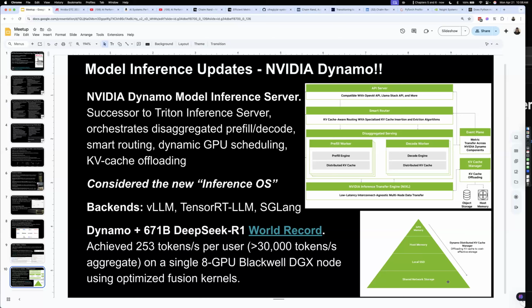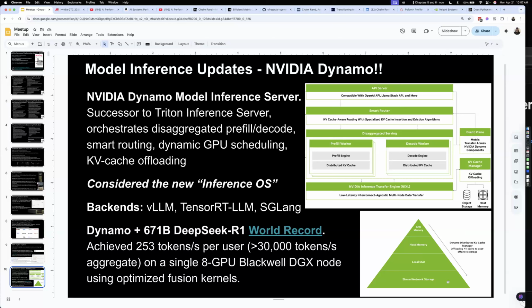The NVIDIA folks made a big deal that they were able to serve the 671 billion parameter DeepSeek R1, the biggest one. This is a reasoning model. They set what they are calling the world record for the most tokens per second. Now, this is in aggregate across many users. If you look at an individual user, they were actually getting 253 tokens per second. So that's how many tokens are flying across your screen. 250 is kind of a good number.